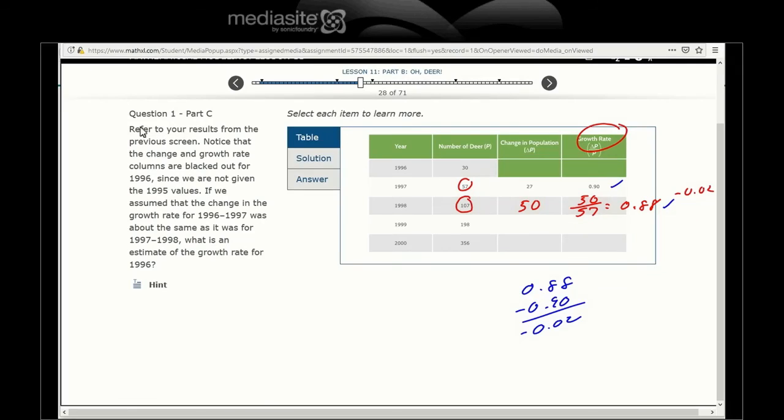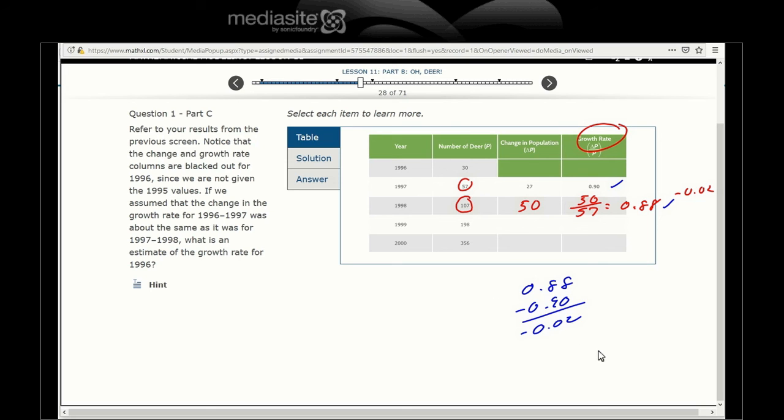Let's see. Refer to the results from the previous screen. Notice that the change in growth rate column is blacked out for 1996, so we're not given the value for 1995. Okay, if we assume that the change in the growth rate from 96 to 97 was about the same as it was for 97 to 98, estimate the growth rate for 1996. All right.